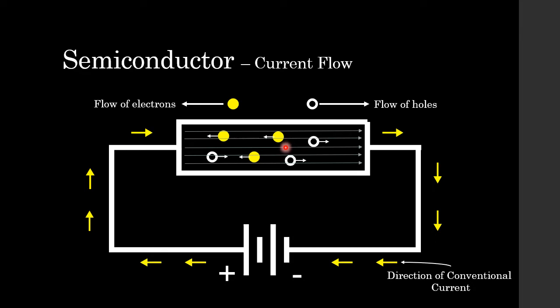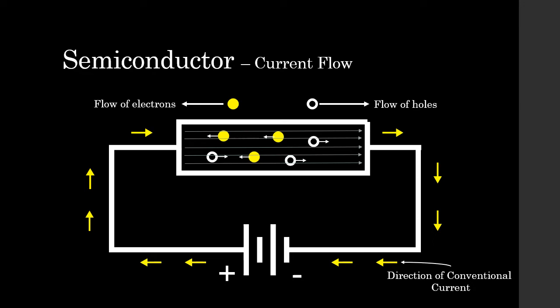And this electric field then causes the flow of electrons, which is in the opposite direction to the electric field, and the opposite direction of conventional current flow, into the positive terminal of our battery. And our holes, they move in the same direction as this electric field and in the same direction as conventional current flow, into the negative terminal of this battery.